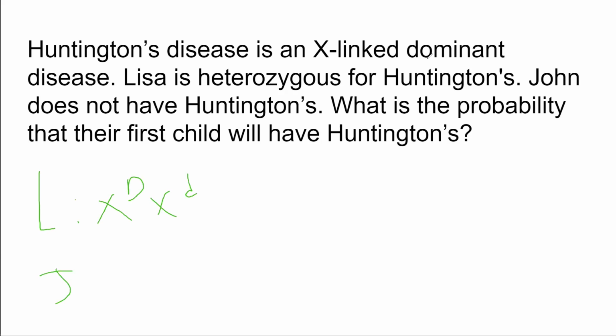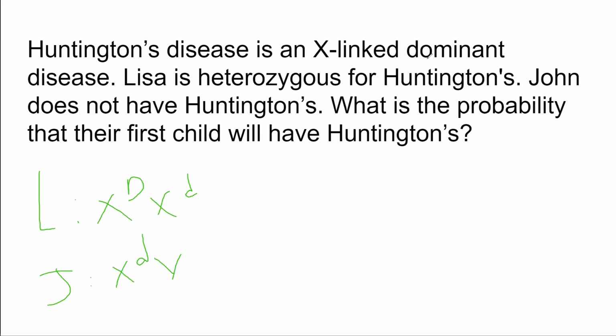John has X, Y, because he's a male, so he's only going to have one chromosome that carries an allele. John does not have Huntington's, which means he does not carry that X-linked dominant allele. Instead he has the recessive, because if he had the dominant, he would have Huntington's. Therefore, he must have the recessive.